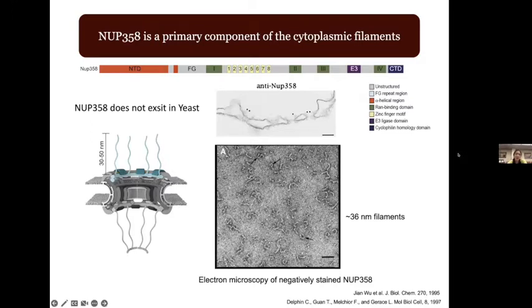Previous studies show that this protein can form a 36 nanometer filament under the microscope, and this filament length matches the originally observed filament of the nuclear pore. Later, people deleted this protein and found the filament disappeared. This established that 358 is the primary component of the cytoplasmic filament.